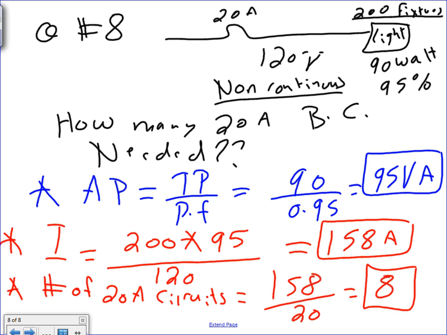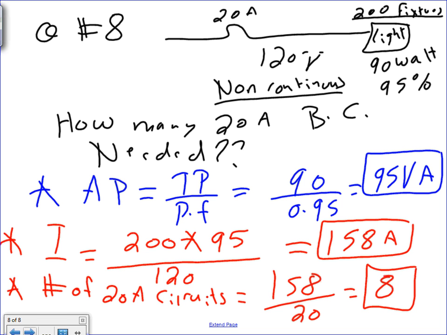So you can put all these on 8 circuits based on the circuit. Now, Ashley, if that was a continuous load, we do the same calculation, exactly the same. Except when we come down here, instead of dividing by 20 amps, if it's continuous load, you can't load a 20 amp circuit breaker more than 80% of its capacity.